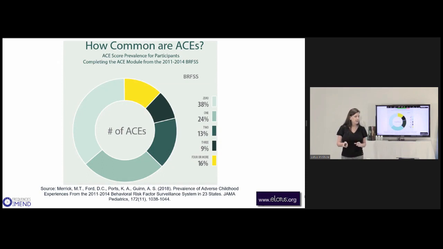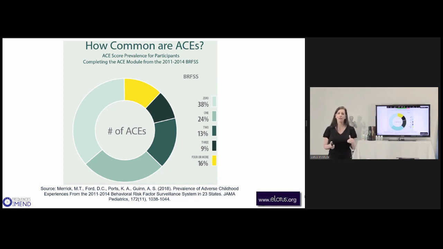This is the one that was repeated between 2011 and 2014. It was a multi-state study, with 23 states involved. They found that 38% was the number of people that have no ACEs. 38% of the population.